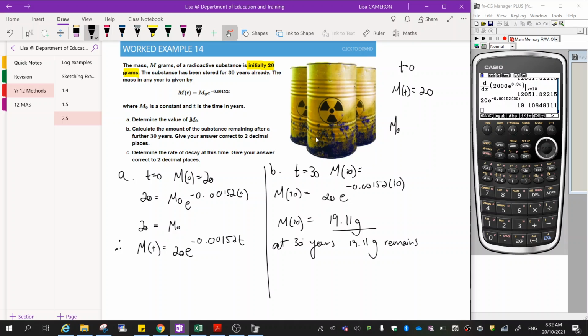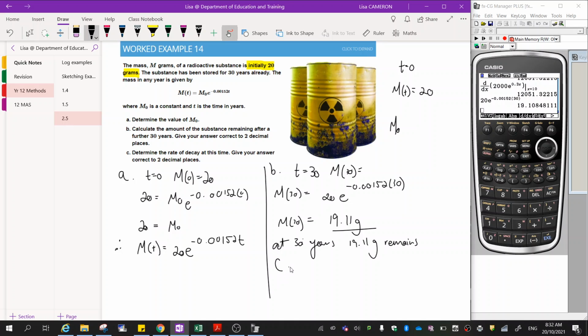Now, it's important to be careful about reading these questions because sometimes they'll say how much has decayed. It's very tempting just to throw everything in and then leave it. But if I was to work out the decay, then I need to do 20 minus this, and that would tell me how much has decayed after the 30 years.